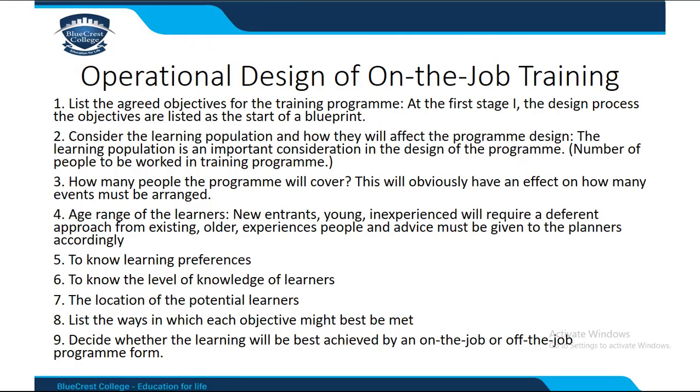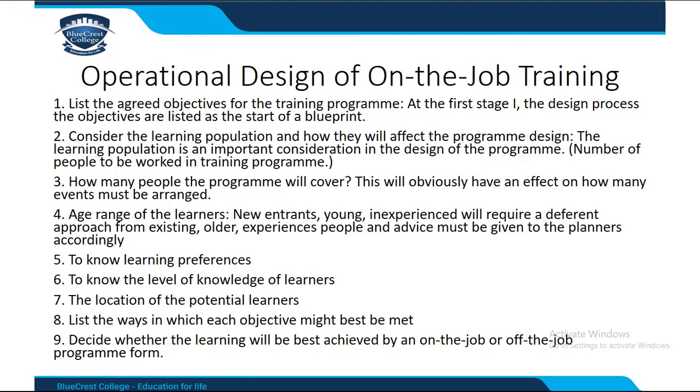All right. So if we look at the operational design for on-the-job training, there are a few things that you have to do. The first one is to list the agreed objectives for the training program. Like we have said, the first thing is to know the objectives for which you are organizing the training. So you list your objectives, and this serves as your plan or your blueprint for the training.